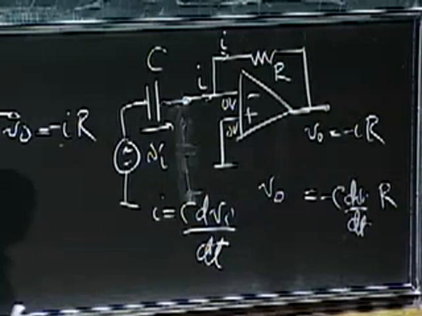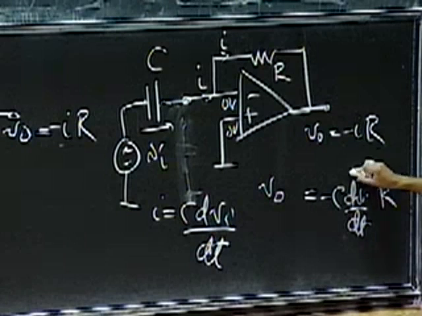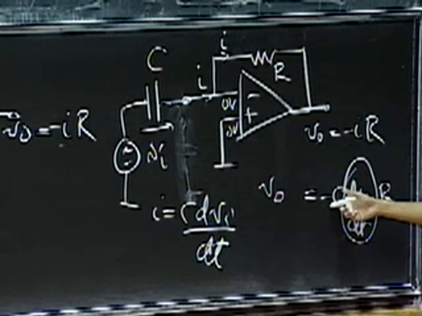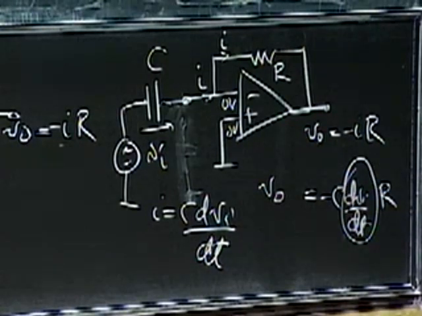So notice then that my V naught is now proportional to dVi/dt. So V naught is some RC time constant times dVi/dt, and therefore I have my differentiator circuit.